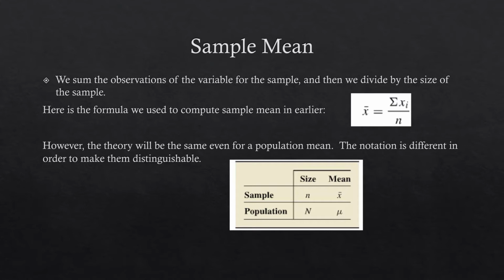And in theory, it's going to be the same thing. The notation is a little different though. If you look below, for sample mean we had a lowercase n and x bar for size and mean. For population, you're going to have a capital N for the size of the set. And that little U looking letter is called a mu. Okay, so keep that in mind.